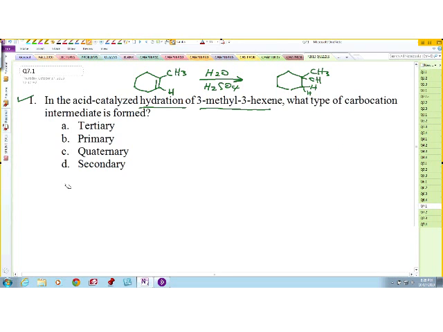Okay, you have 3-methyl-3-hexene. So we need to know the structure of 3-methyl-3-hexene. So that would be this here.